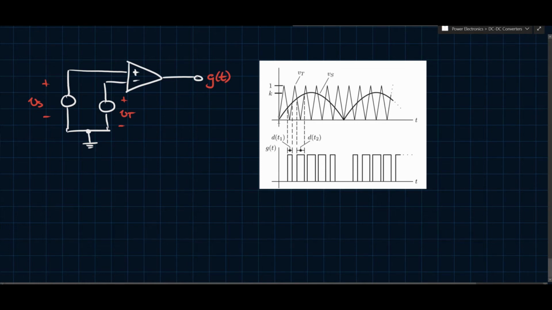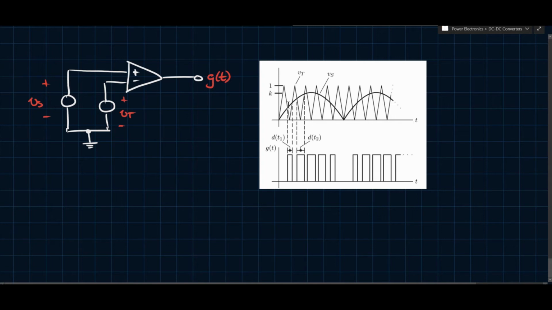So we see that at this point there's no pulse, this is off at the bottom, right? So wherever these intersections happen, that's where the pulses go high. So what we say is that, again, this is a comparator, right? So whenever the signal VS is higher than VT, G will be positive, and whenever VS becomes lower than that, G will be 0 in this case.